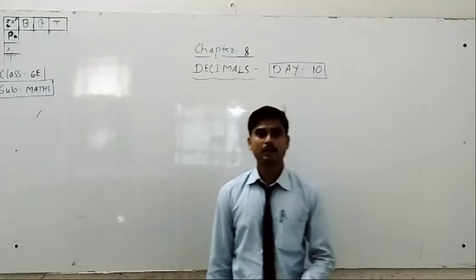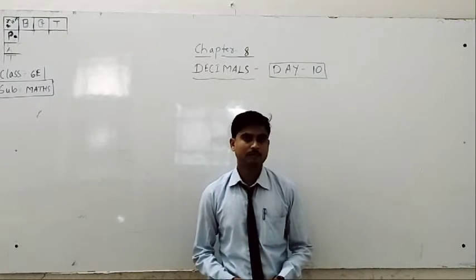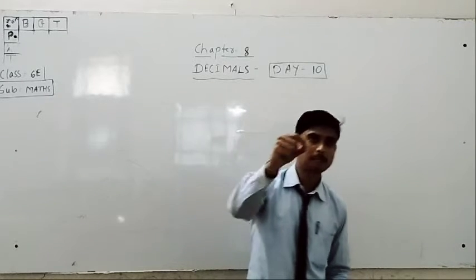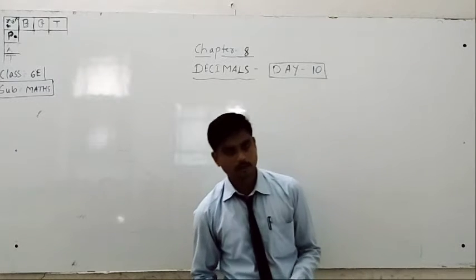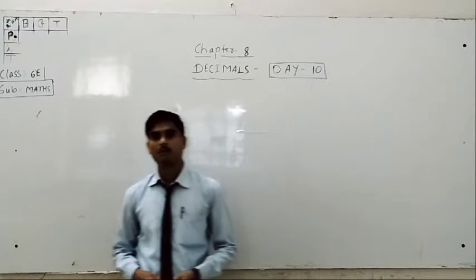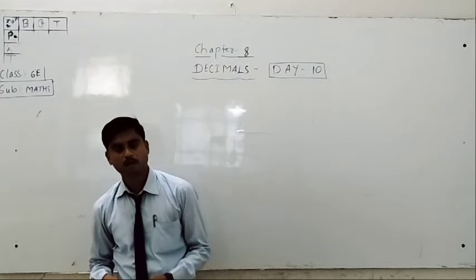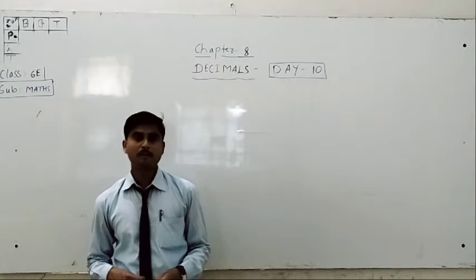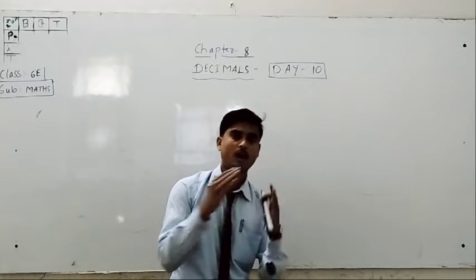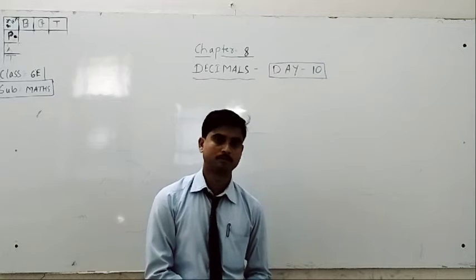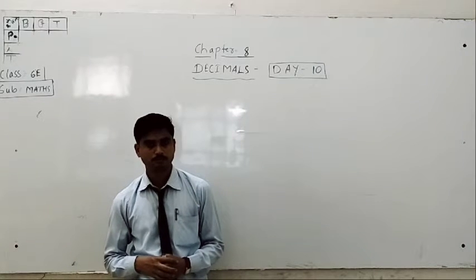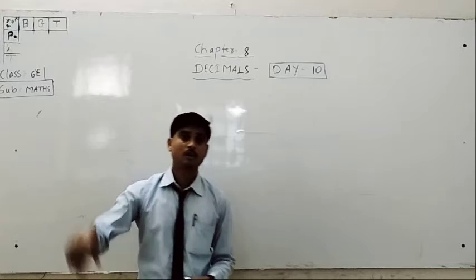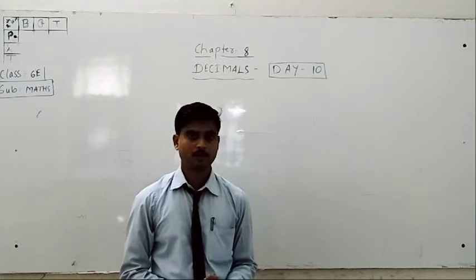Okay. Then tell me, what does decimal mean? What are decimal numbers? Who is telling what decimal numbers are? Decimal numbers means it is also a part of the whole number. It is not a whole number.